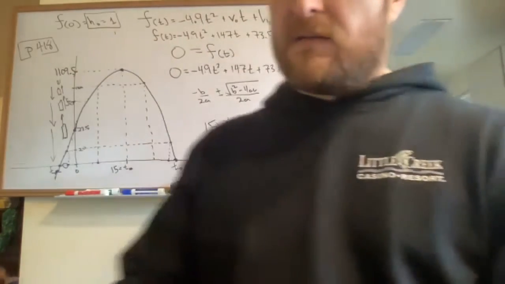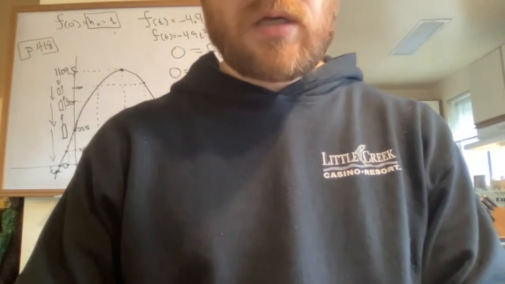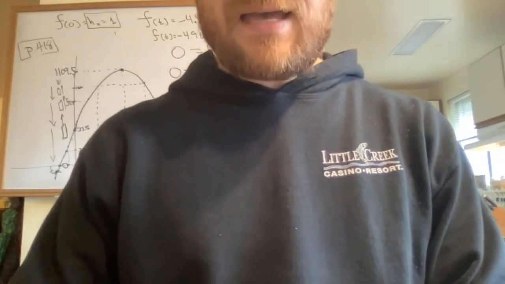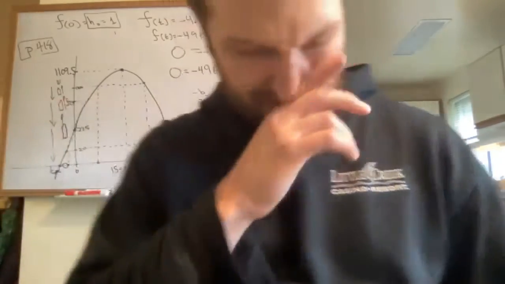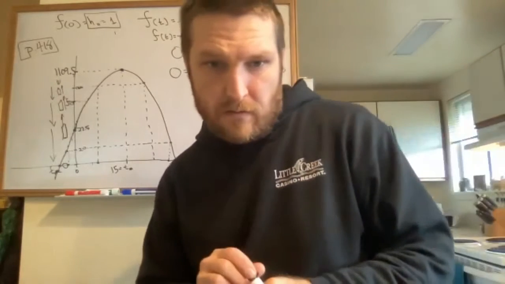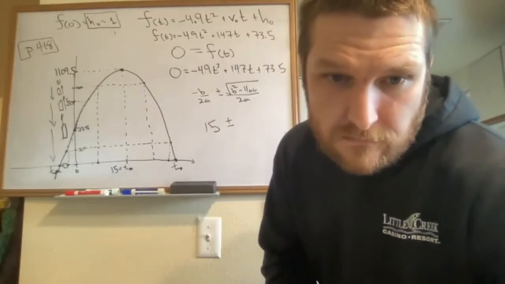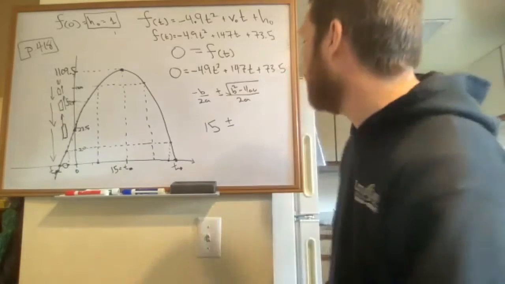Square root of that divided by 2 times a, which is negative 4.9. And I get negative 15.4919.